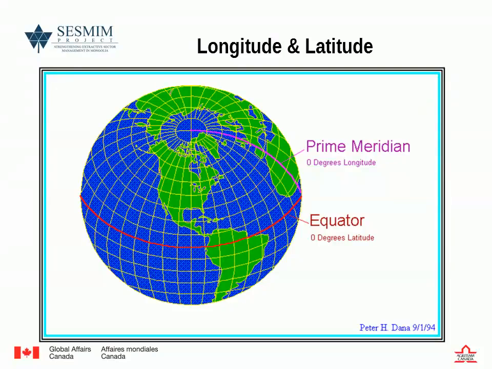They decided, well, the world is sort of a sphere, so let's divide it into degrees. They used the equator as 0 degrees. Going north and south, we have lines of degrees called latitude, going from 0 to 90 degrees: 0 to 90 degrees north, 0 to 90 degrees south.